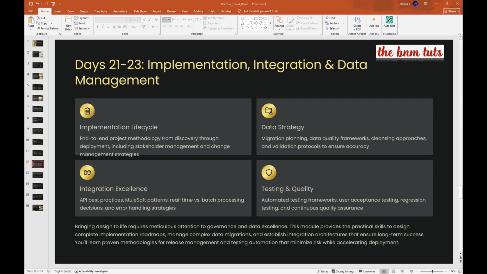We need to customize the existing data model based on the legacy systems that they already have, and based on that we'll be migrating the data. For that also we need to implement the different data strategies and integration paths, right? And after that we need to test it and check the quality, right? So all these things we'll be discussing in the implementation and integration.